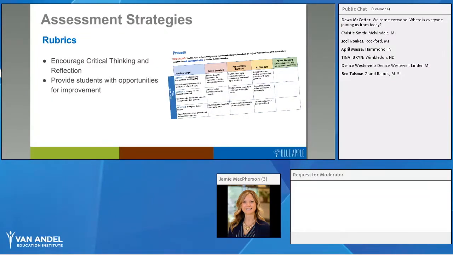Some things to think about as we jump into some strategies here. We're going to talk rubrics in a moment, but before we do that, I want to mention some things that aren't on a slide that are just important to consider as you're creating authentic assessments with your PBL units. So we want to make sure that the assessments that we're presenting to our students are essential. So they're not just contrived to produce a grade, but they actually hold value. They're meaningful. And that they're contextual and complex. It's not just a one and done.